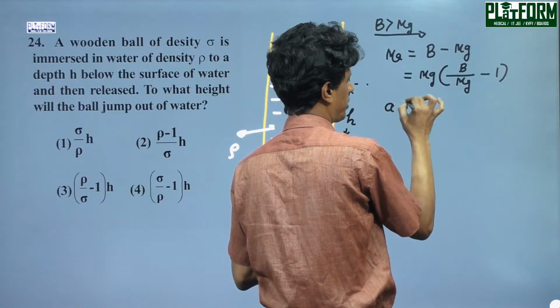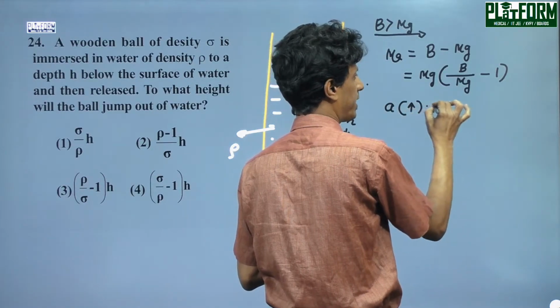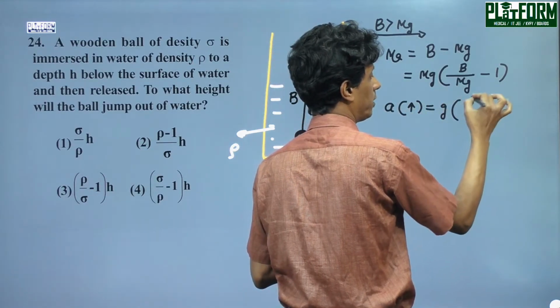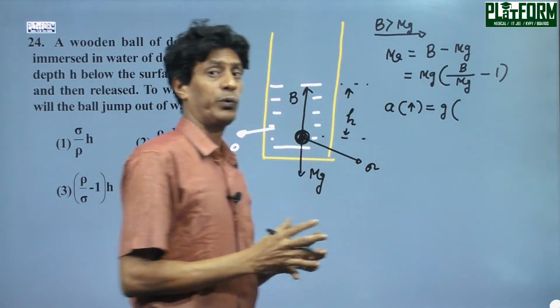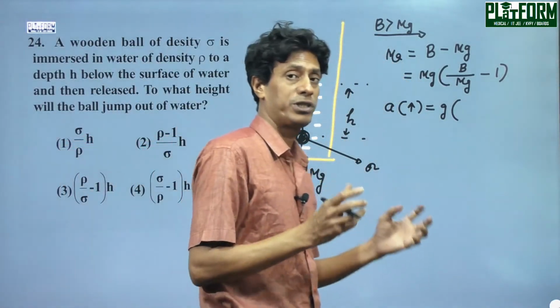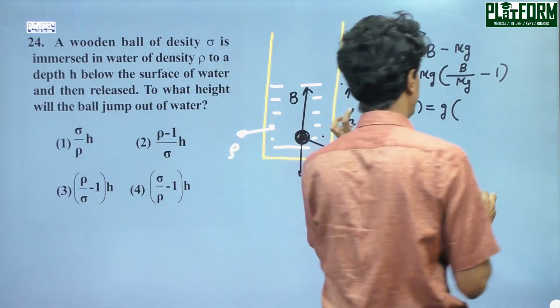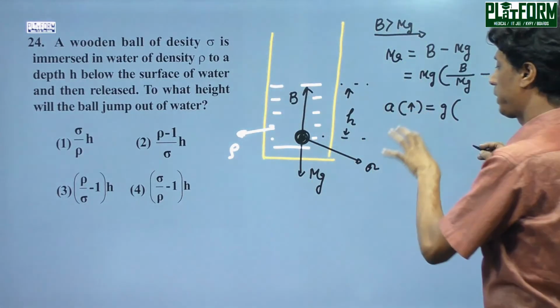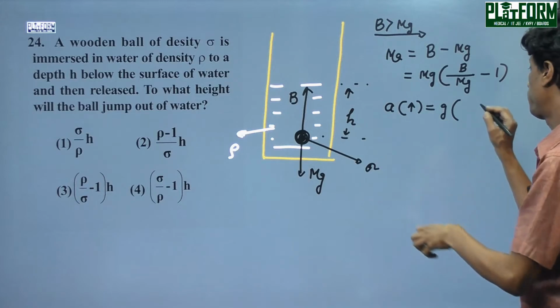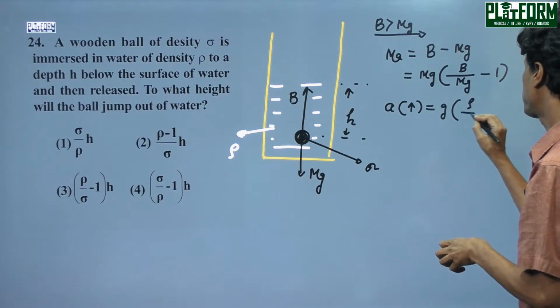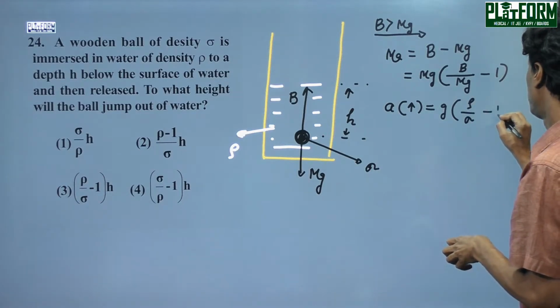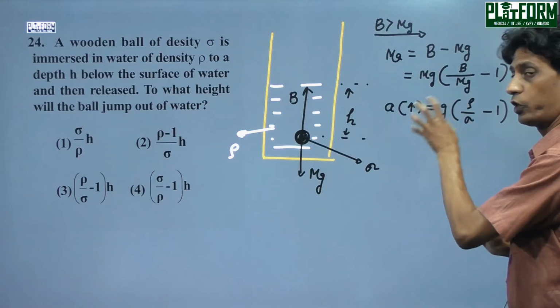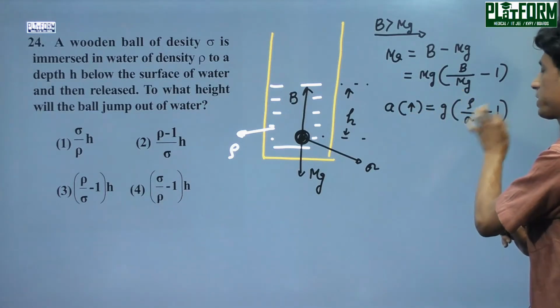Buoyancy is the weight of the liquid displaced and mg is the weight of the body. So B by mg can be written as rho by sigma. So the acceleration of the body is equal to g, rho by sigma minus 1.